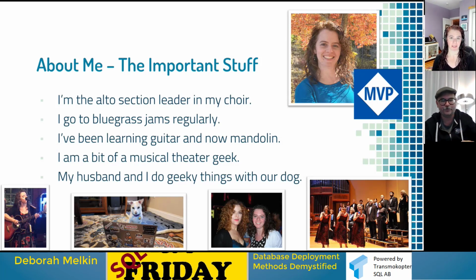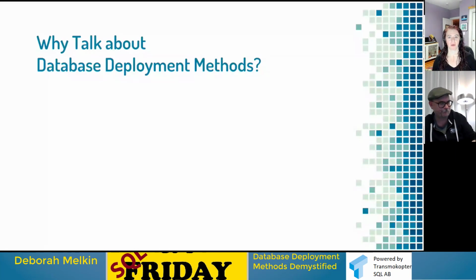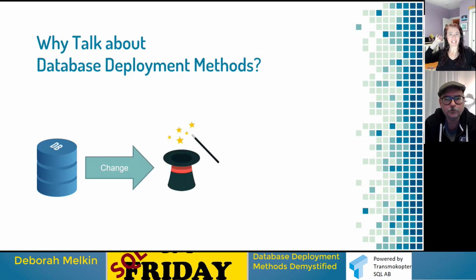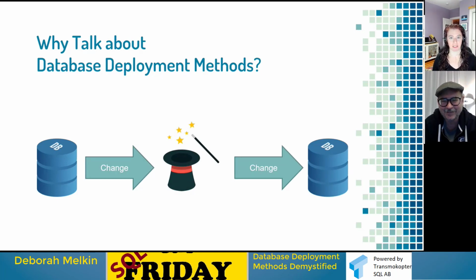But that's not why we're all here today. We're here to talk about database deployments. So why talk about the different ways that we deploy? Well, I think a lot of times we say, we have our database, we have our changes, magic happens, and then we apply our changes to the databases. Really, this magic, it's not magic. It's a lot of detail.